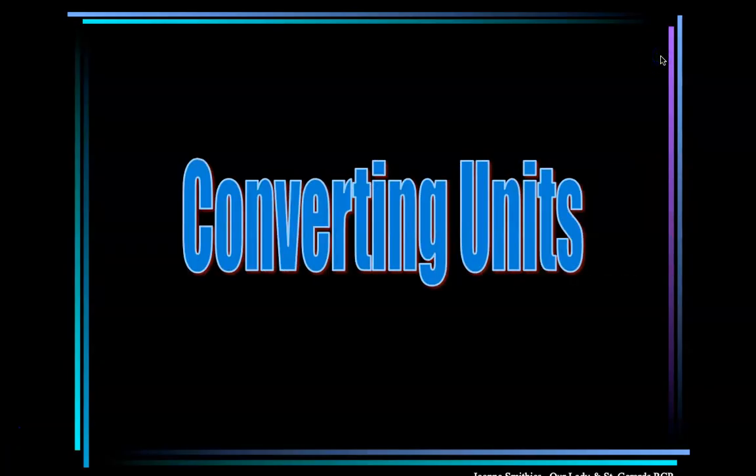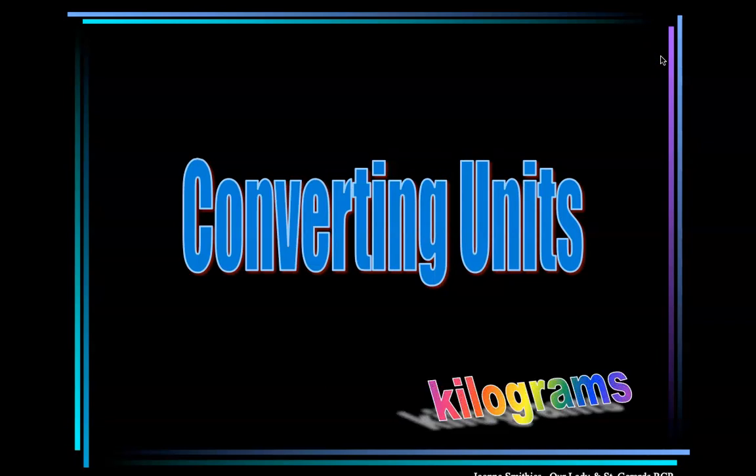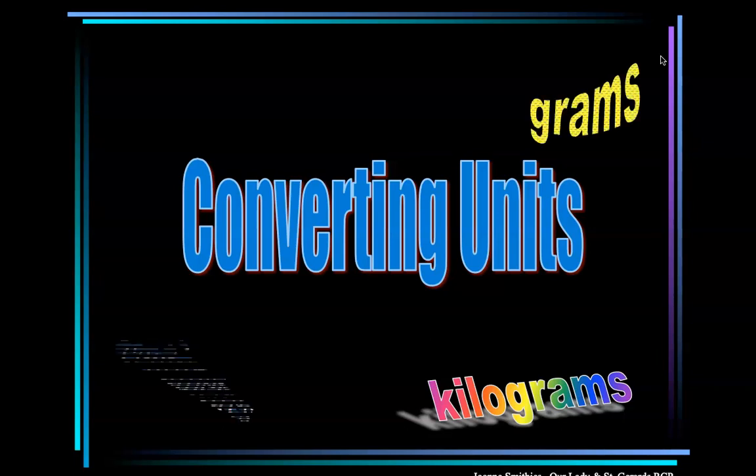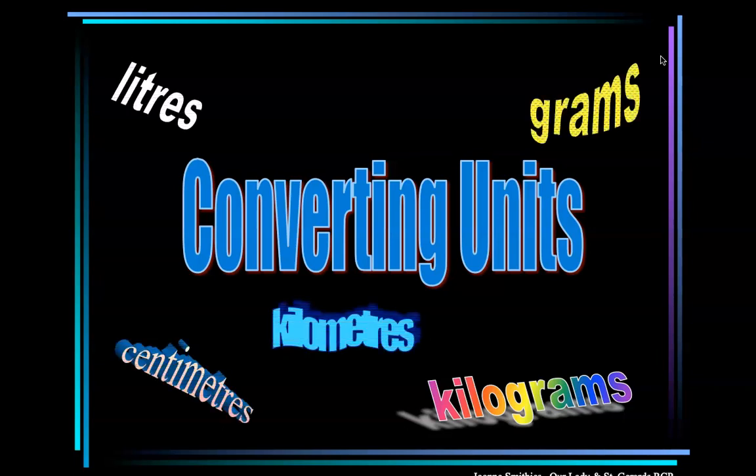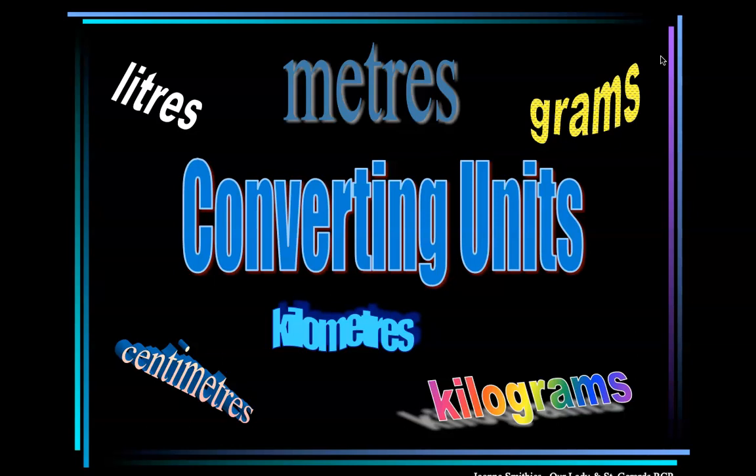So guys, I thought it would be a good idea to go through multiplying and dividing by 10, 100, and 1,000 again, as this is really the backbone of how we convert between units of measurement. On the screen, you've got different units of measurement that I'm sure you're all aware of, and each works a little bit differently.